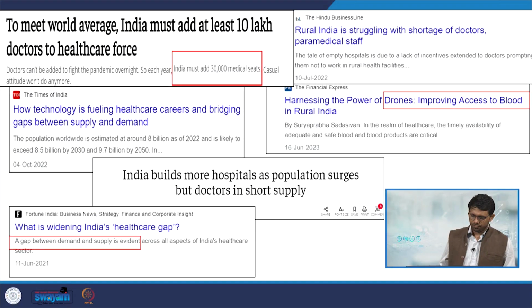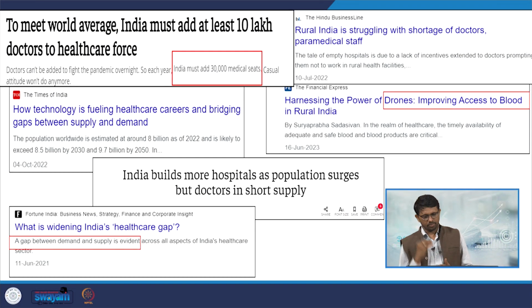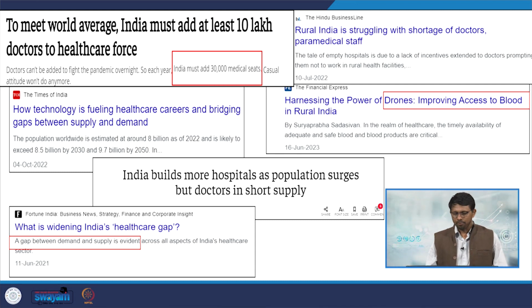Some other facts from different papers you can cite, or you can also refer to the Hindu Business Line of 2022 on rural India struggling with a shortage of doctors, and especially the tale of empty hospitals due to a lack of incentives extended to doctors, prompting them not to work in rural health facilities.